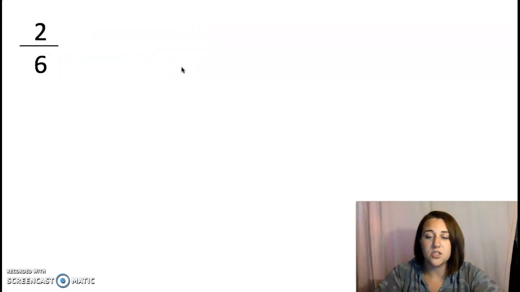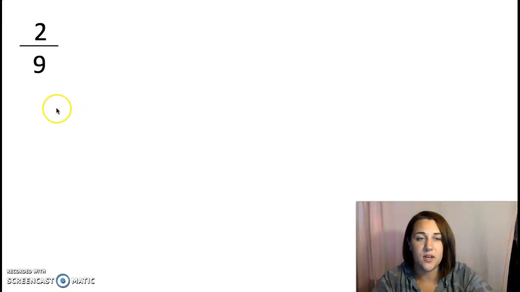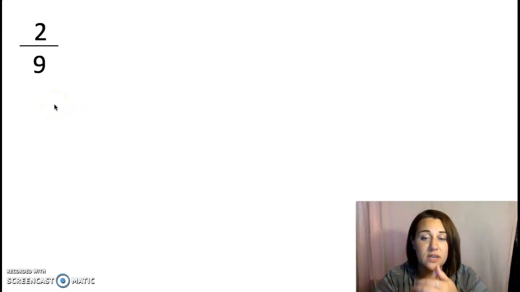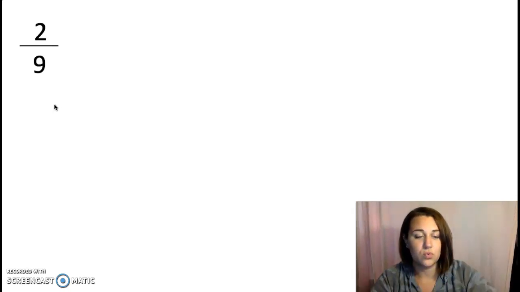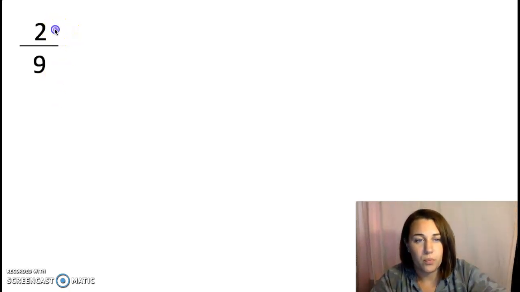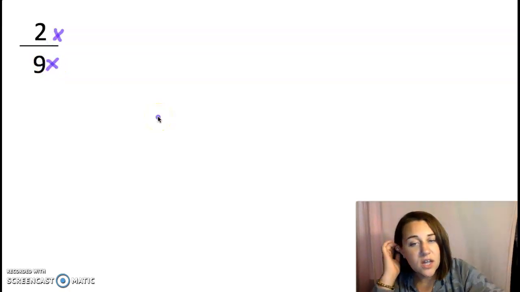All right, so let's clear that. Let's do one more together. So now I have 2 9s, or 2 out of 9. Right? And I'm going to put my multiplication symbols because that's what we're working with this week. And now what should I multiply by?